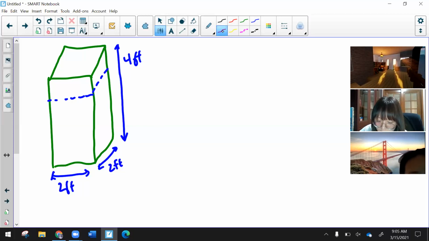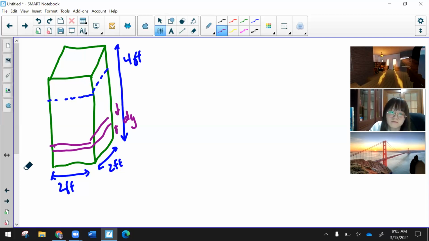Okay, so I'm going to do the same thing again. I'm going to consider a slab of thickness or width delta y. I'm going to let y be equal to 0 at the top, and my slab be at some y.